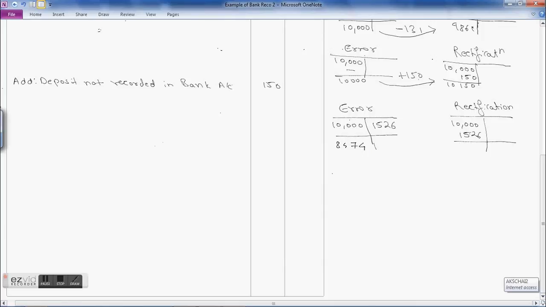The correct figure should have been 1526 on the debit side, so 11526. To rectify, we need to add 11526 minus 8474, that is 3052. If you calculate, 3052 is double of 1526. That is what we need to add.